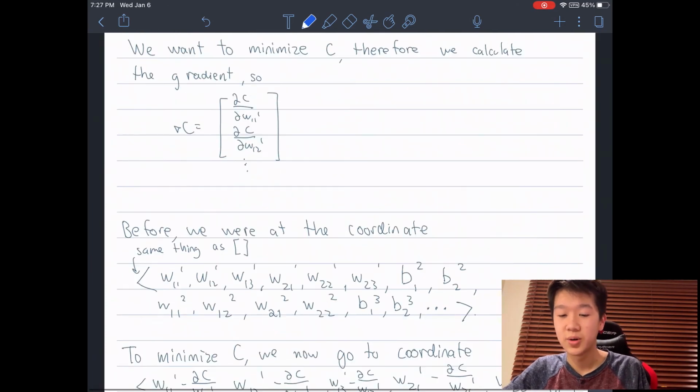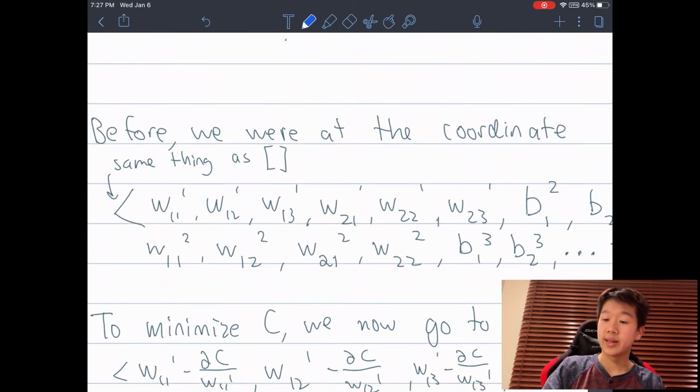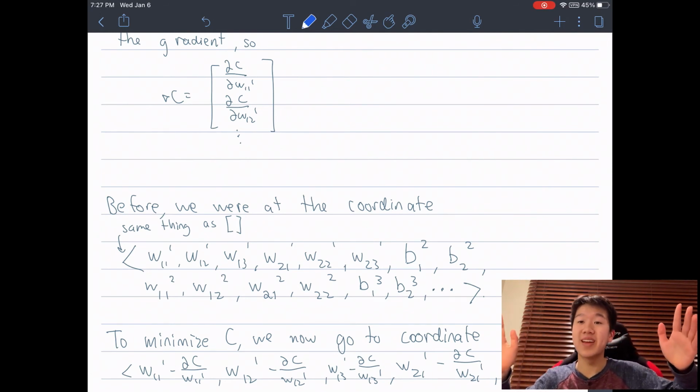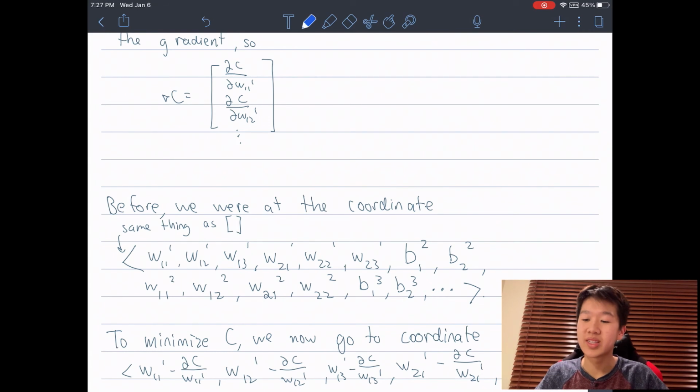Before, we were at this coordinate. If you think of the neural network as being a point in a, I don't know how many dimensional Cartesian plane, then it would be at the coordinate W111, W121, W131, W211, W221, and all that.